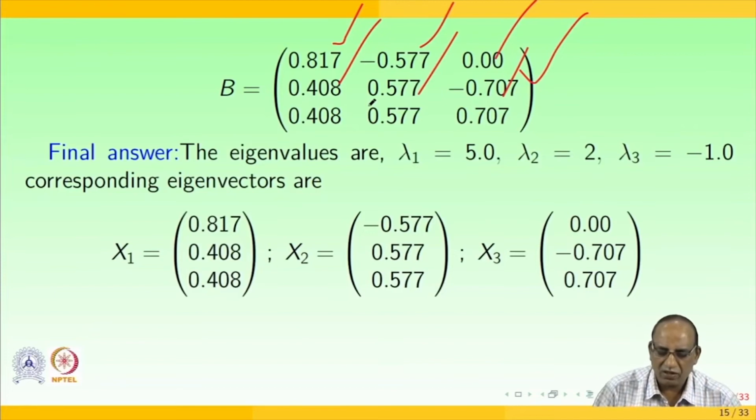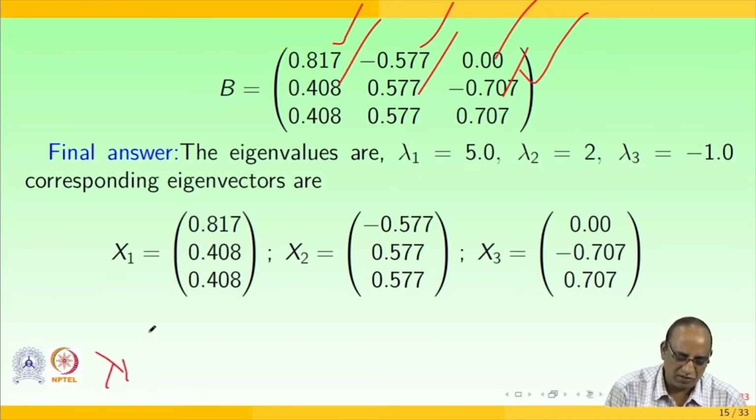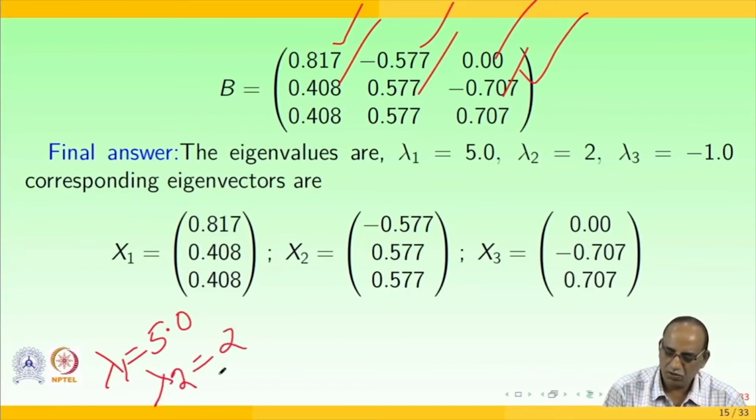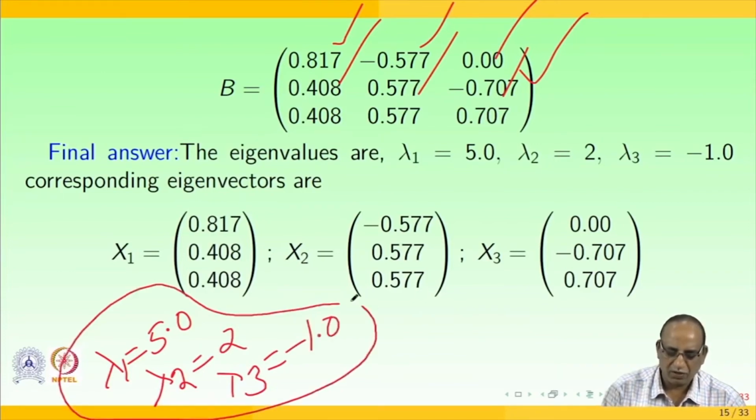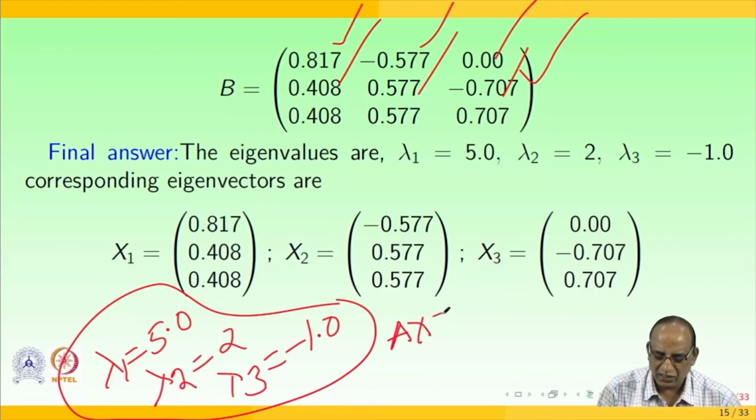The eigenvalues are lambda 1 is equal to 5.0, lambda 2 is equal to 2, and lambda 3 is equal to minus 1.0. Corresponding to each eigenvector, you write Ax is equal to lambda x, or else A minus 5 multiplied with x is equal to 0.